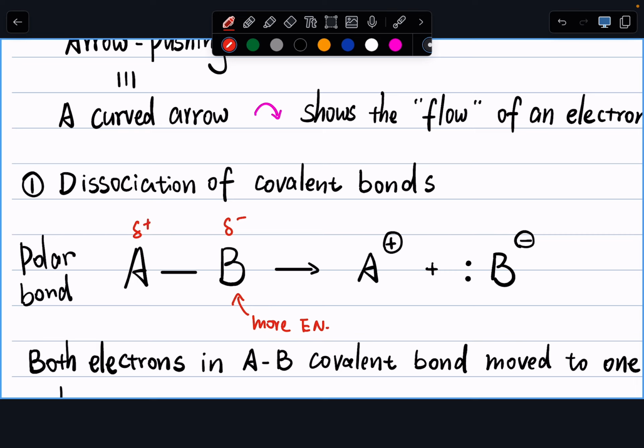Based on the rule of polar covalent bonds, the more electronegative atom will have a partial negative charge. So when the electrons move in breaking this polar covalent bond, naturally, the electrons will be more likely to go onto the atom that is more electronegative.